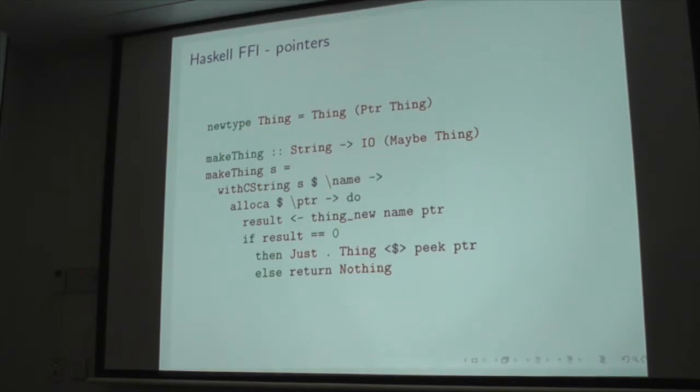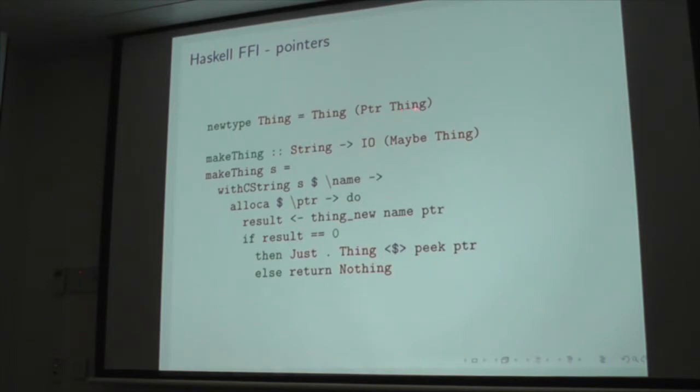Okay, so for actually representing opaque data, or possibly non-opaque data, in a C library in Haskell, we can have a newtype Thing, and we'll have the data constructor Thing applied to a pointer Thing. Now, it's worth noting this Thing here, pointer doesn't actually contain a Thing.